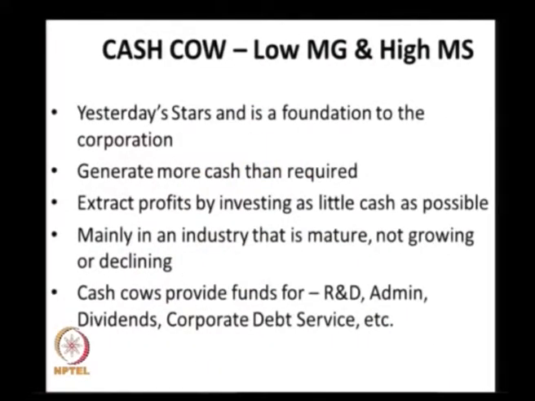These are typically yesterday's stars, and the cash cow also forms the foundation of the corporation itself, because these are the ones that will be generating cash. They will generate more cash than required, because the cash generated is not being invested, since we are talking about a low market growth and a high market share. So it keeps on generating cash and extracts profit; we are talking about a profitable business.